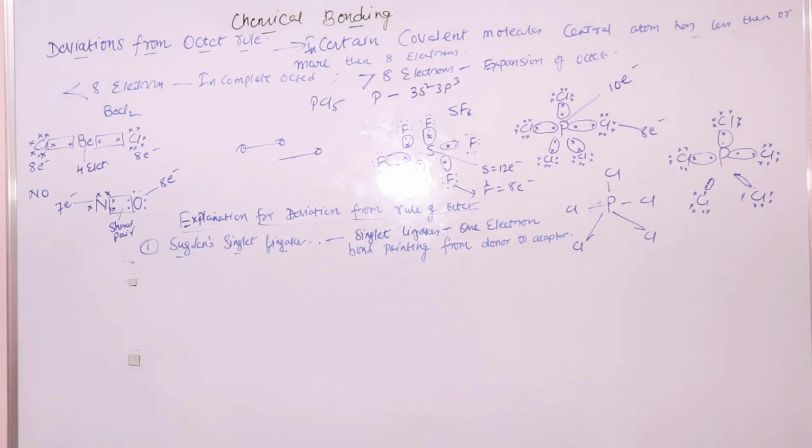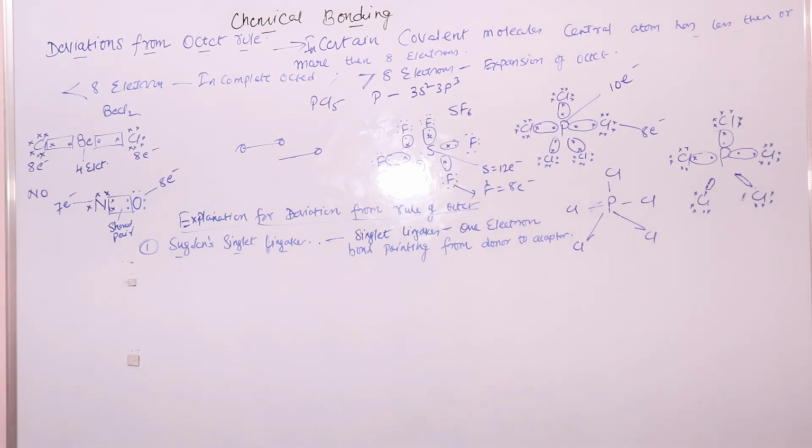The atoms that have vacant d orbitals in their valence shell can use them for the expansion of octet. And since the elements of the second period, if you look into the periodic table, do not have vacant d orbitals, they do not show deviations from the octet rule.